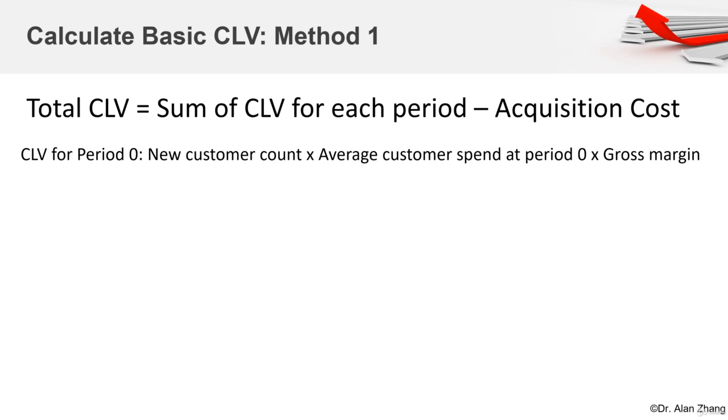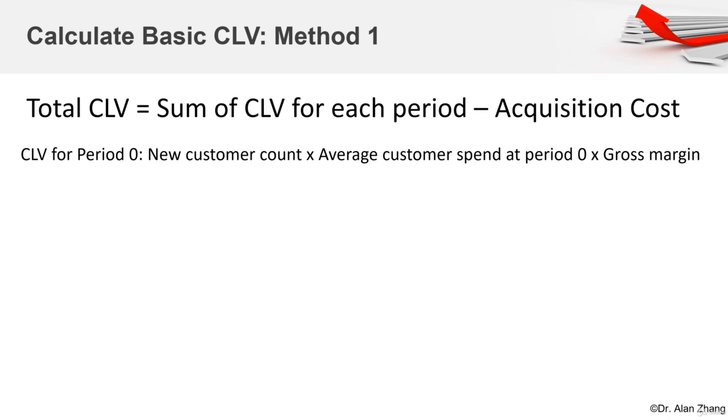So CLV for period 0 equals the number of customers who made their first purchase multiply average customer spend at period 0 multiply gross margin. Now we get one number by using this equation. After that, we should continue to calculate CLV for period 1, which accounts for the value generated in the first period after the first purchase.